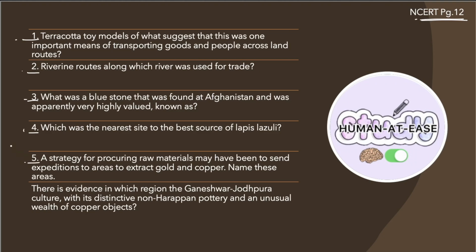A strategy for procuring raw materials may have been to send expeditions to areas to extract gold and copper. Name these areas. Question number 6. There is evidence in which region of the Ganeshwar Jodhpura culture with its distinctive non-Harappan pottery and an unusual wealth of copper objects?